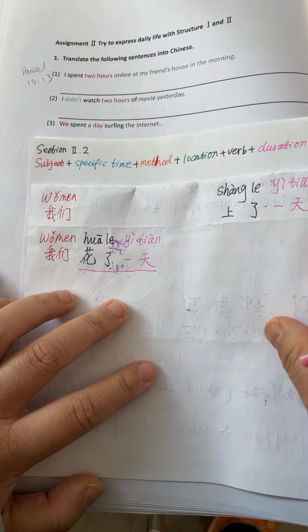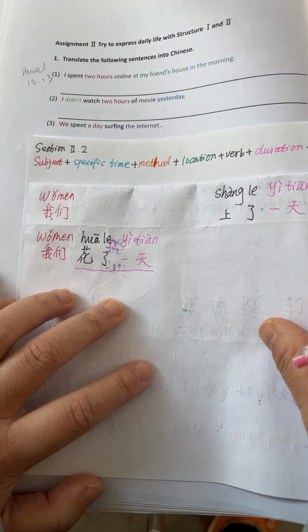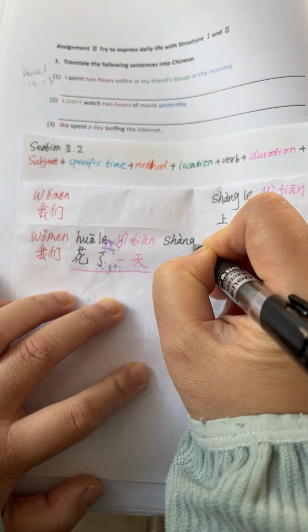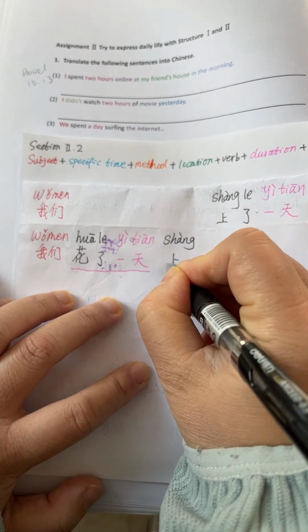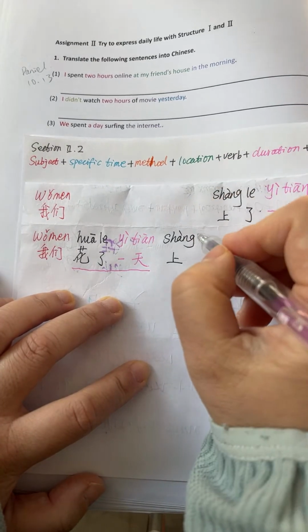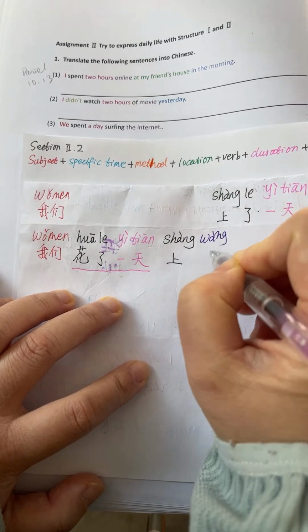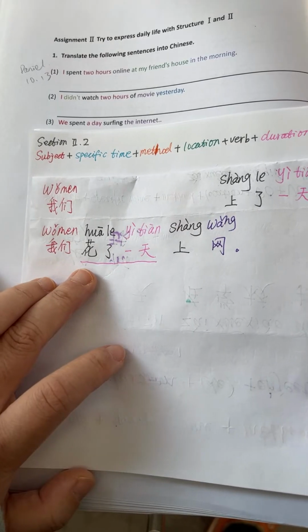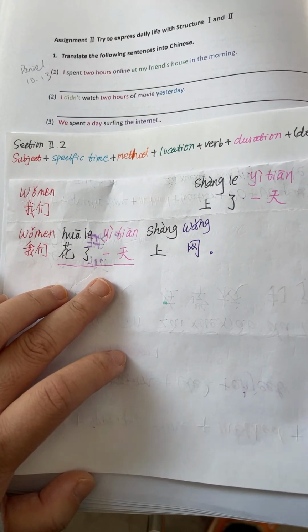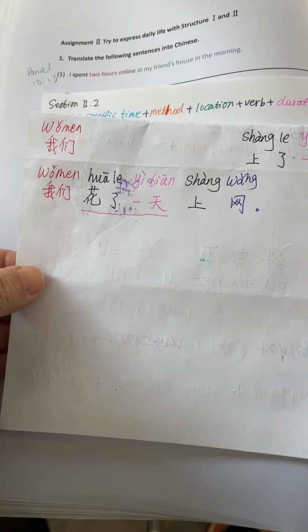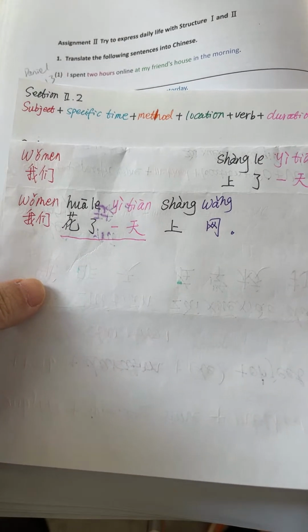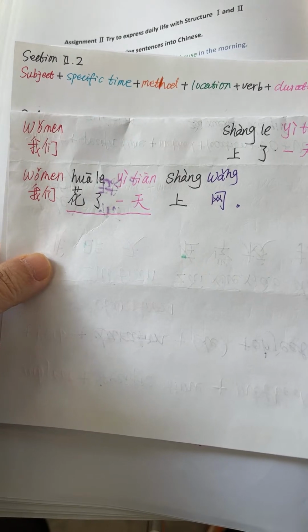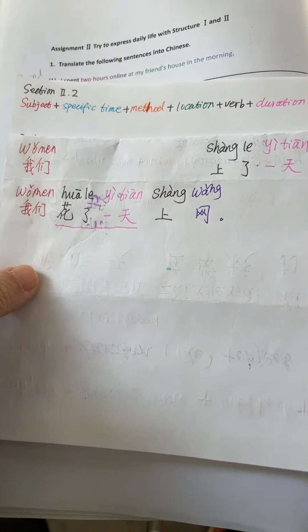Then we translate action 2, surf the internet, the verb 上 and 网. So 我们花了一天上网. These two sentences both are correct: 我们上了一天网 or 我们花了一天上网.